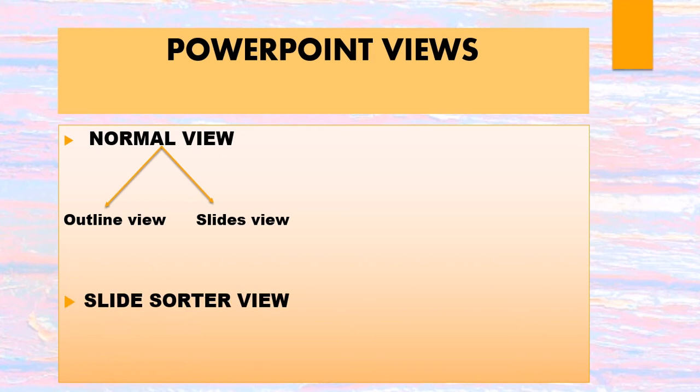Now the second one is slide sorter view. In this type of view, text and pictures cannot be added. We cannot add text and pictures, but slides can be deleted and transition and animation effects can be added.